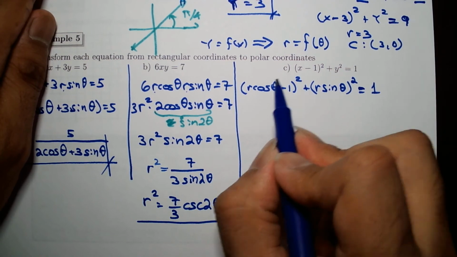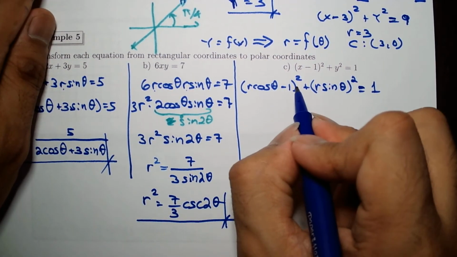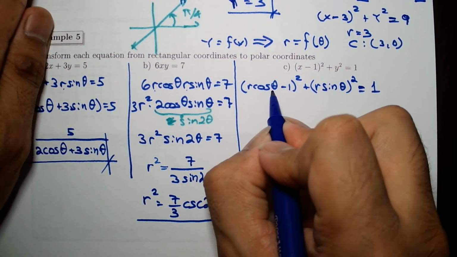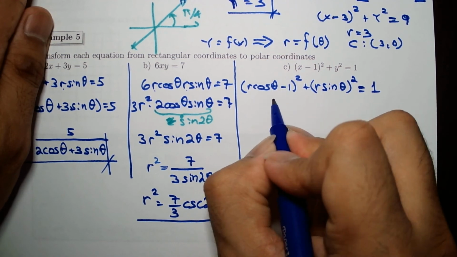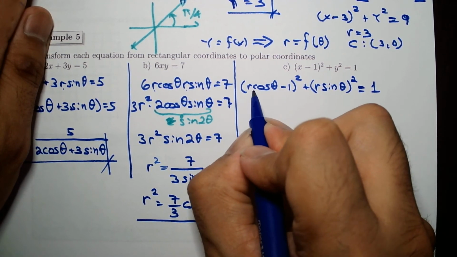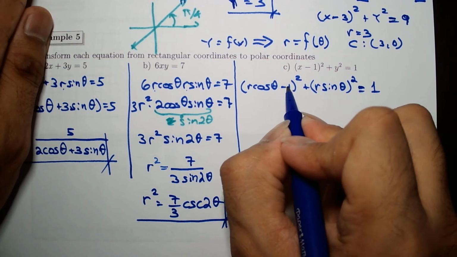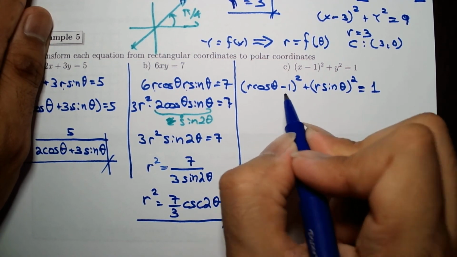Over here, we're going to have a binomial squared. The binomial squared is the square of the first term, minus 2 times the first term times the second, plus the square of the second term.